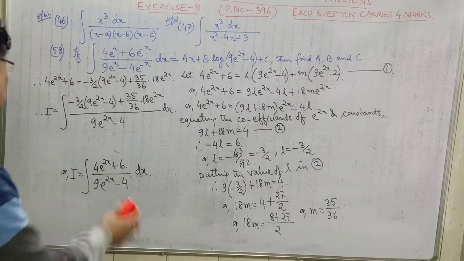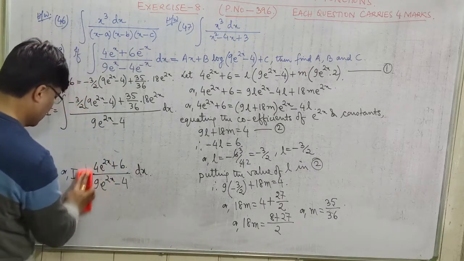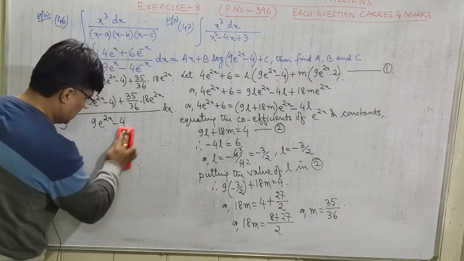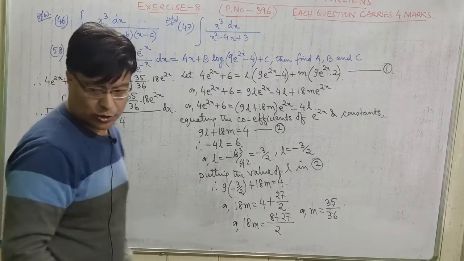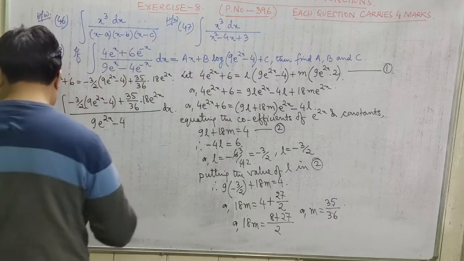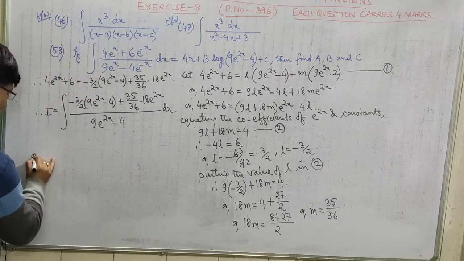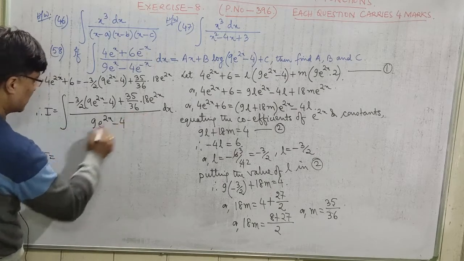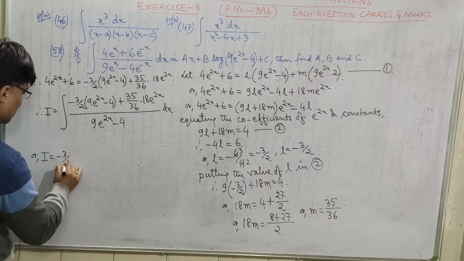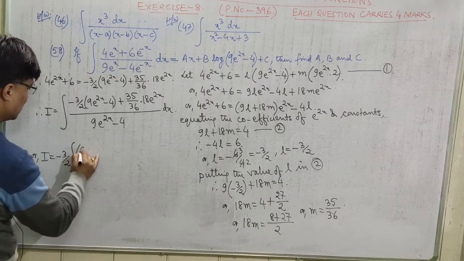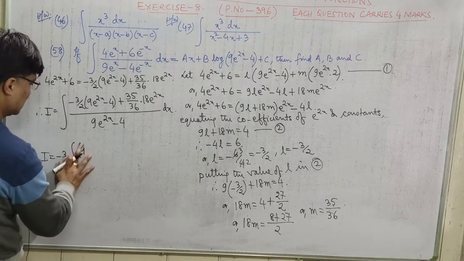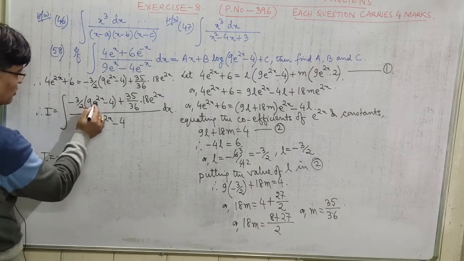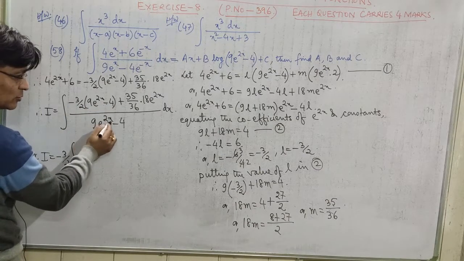Okay, so let us separate this fraction now. So what do we get? I is equal to, you can separate this fraction along with the integral sign and dx: minus 3 by 2 integral of 9 e to the power 2x minus 4 divided by 9 e to the power 2x minus 4.